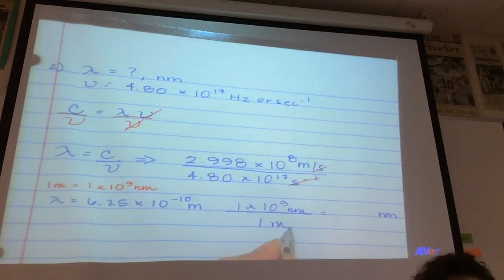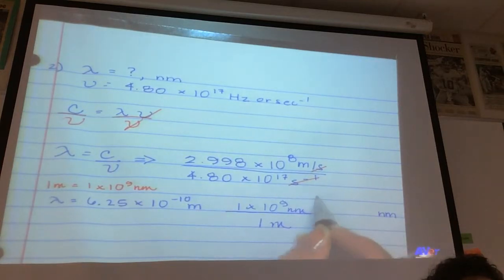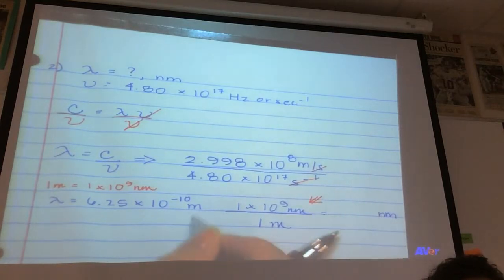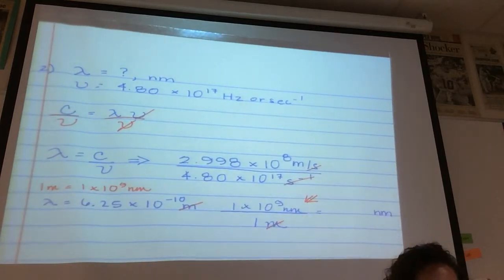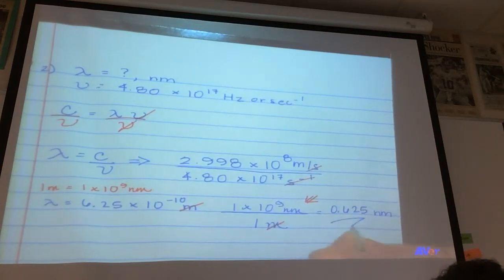Because I remember the top needs to equal what the number at the very end is, at the very right. See it says nanometers right there. And so they don't cancel out. Okay, so he knew that he wanted to get to nanometers, so he needed nanometers here. In addition, you need those units to cancel. And what you have then is 0.625 meters.